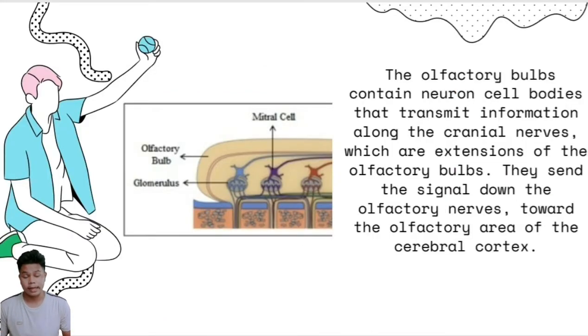Olfactory bulbs contain nerve cell bodies that transmit information along the cranial nerves, which are extensions of the olfactory bulbs. They send the signal down the olfactory nerves toward the olfactory area of the cerebral cortex.